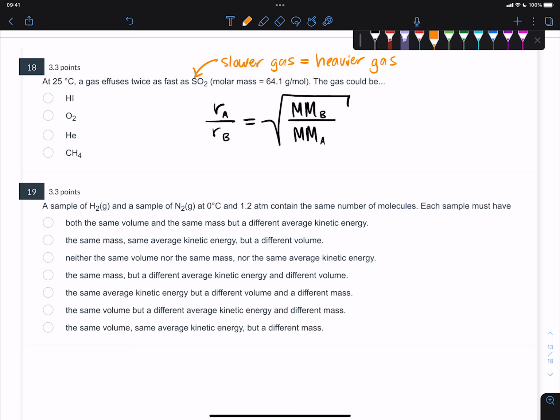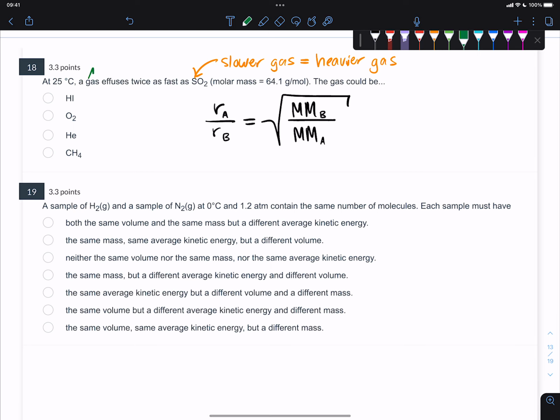So whatever gas is going faster than SO2, it's got to be lighter to be faster. So SO2 is the slower gas because the other one moves faster, and therefore it's the heavier gas. Now you can assign them labels.